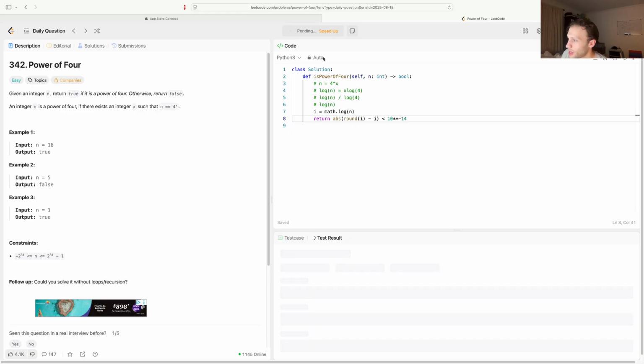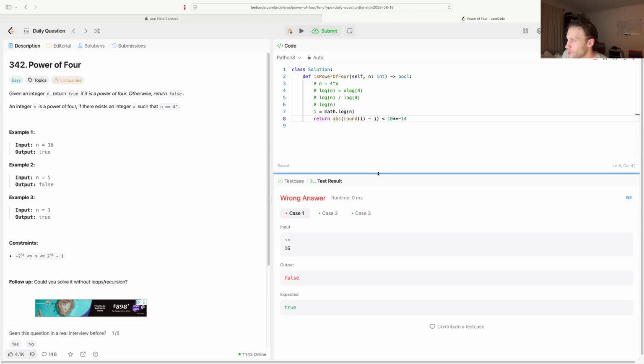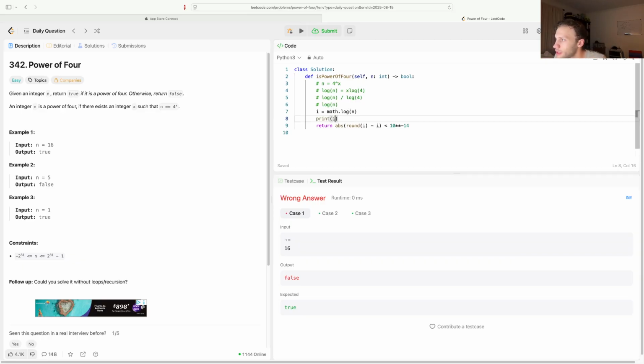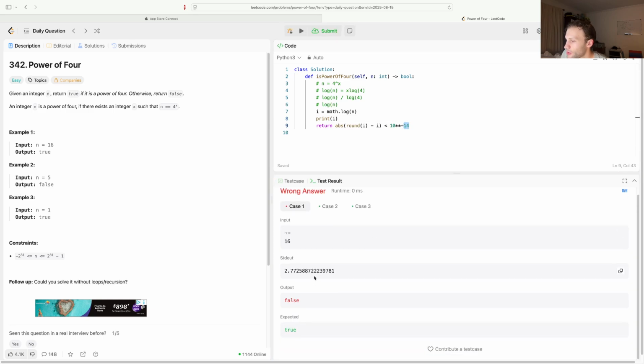You can think about it a little bit. Let's see what i is printing here. I might need to decrease this a little bit. Oh my gosh, I did this last time too.